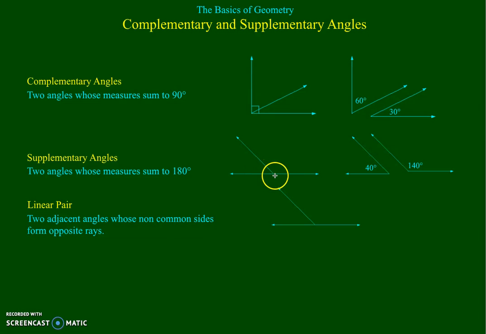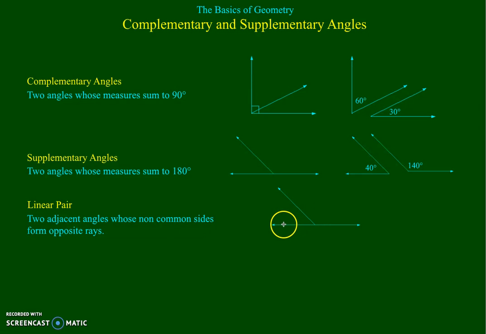This side is not common with this angle. This side is not common with this angle. So these two non-common sides form a pair of opposite rays. And whenever you have that picture, you have a linear pair. And as we can see from this picture, these angles are supplementary.